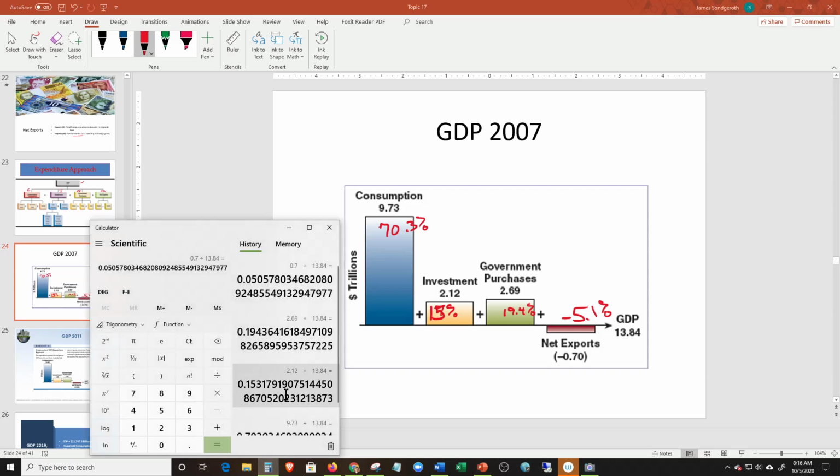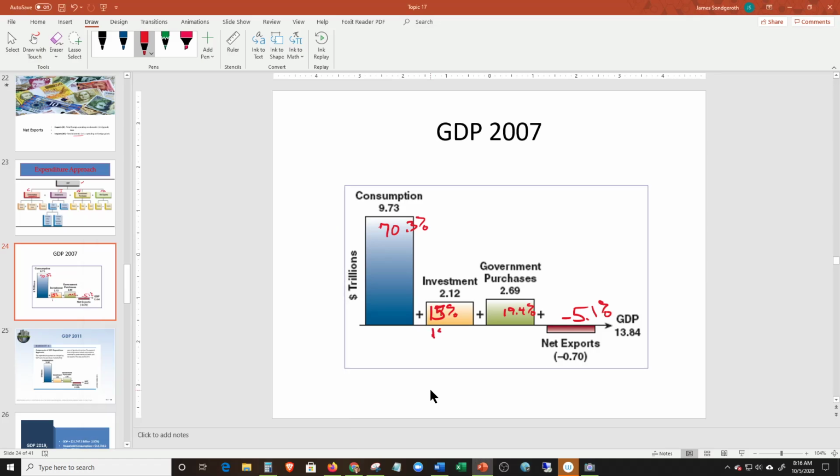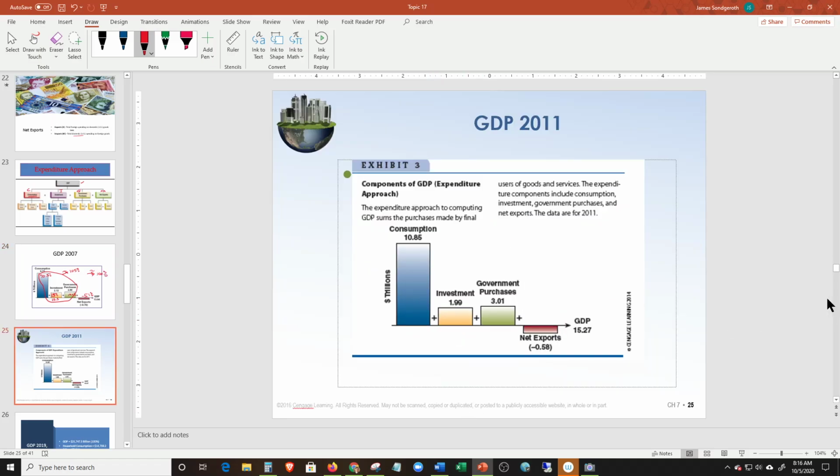So this was 15.3%. So these three together, it looks like that would be 34.7, and that would be 105 approximately percent. We have some rounding errors here. And minus 5% is going to get us approximately 100%. All right, interesting. All right, let's go to the next one.